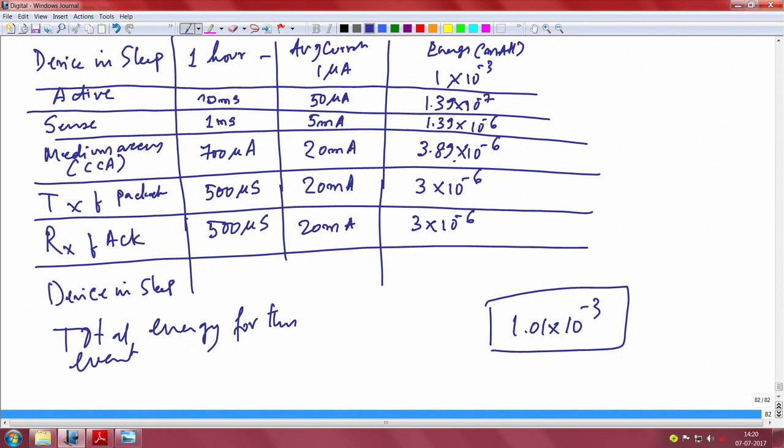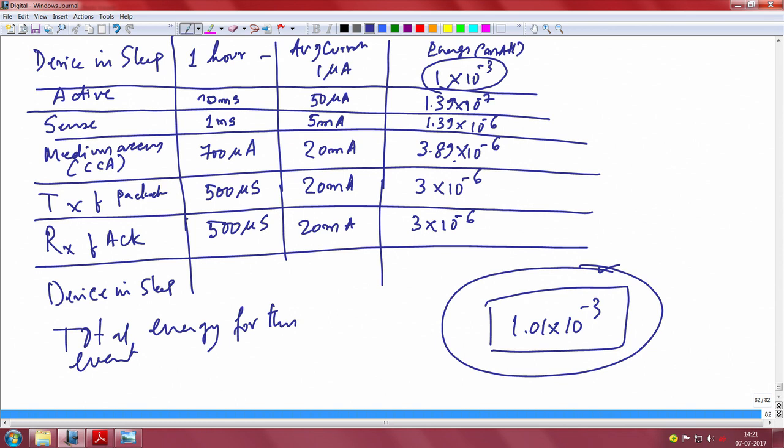What is interesting here? Okay, the interesting thing here is this 1 into 10 power minus 3 milliampere hour that you see here is used during sleep, right. You see this one and this one, just look at this, right.